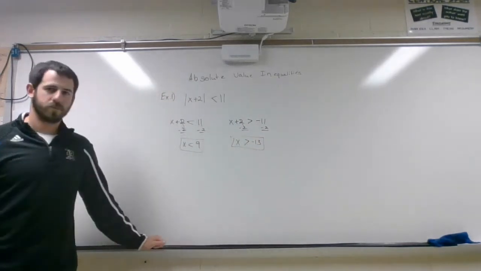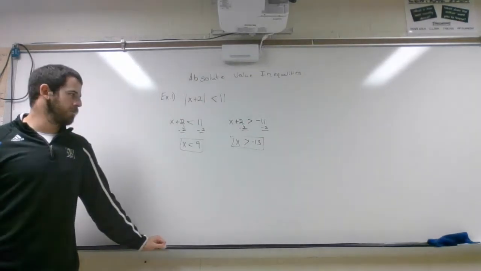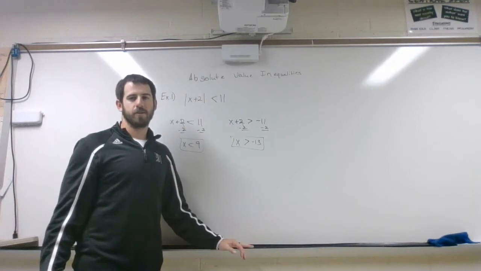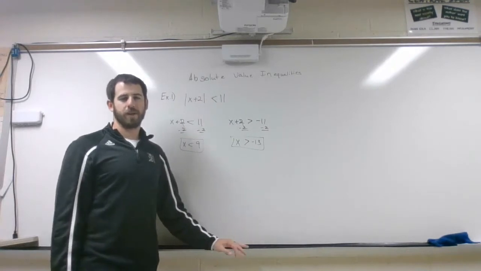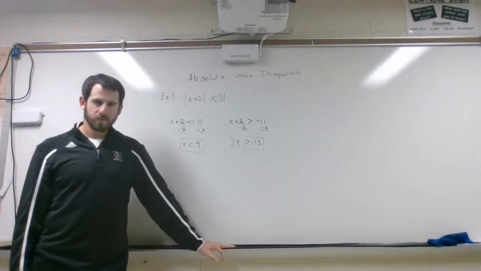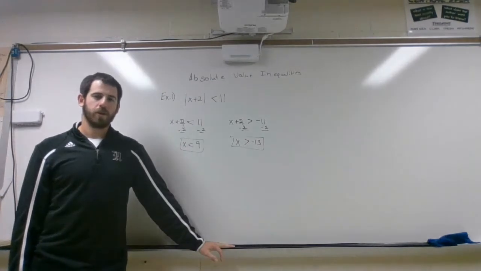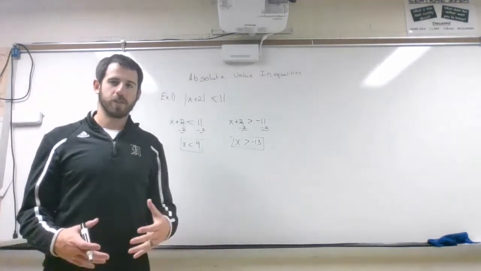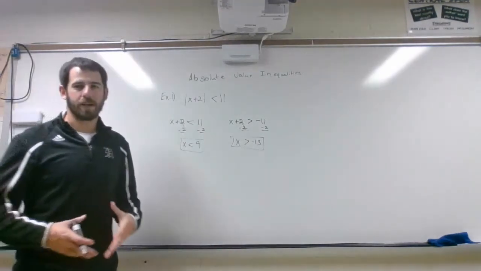Now, here's the tricky part. We need to graph both of these on the same graph. If you have colorful markers, then get colorful with it, whatever you want to do so that you see where the actual solution is, because there's going to be some sort of common area.